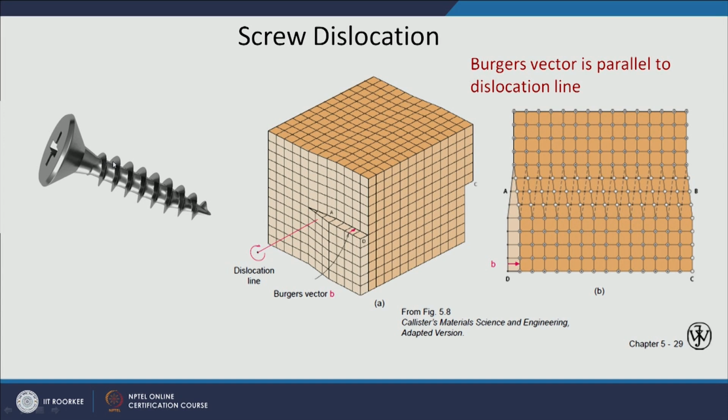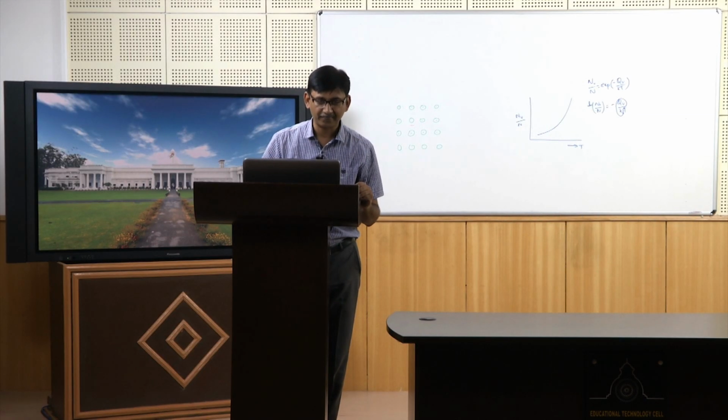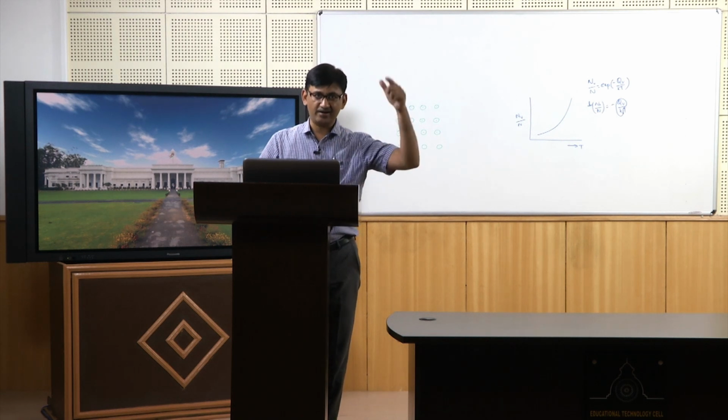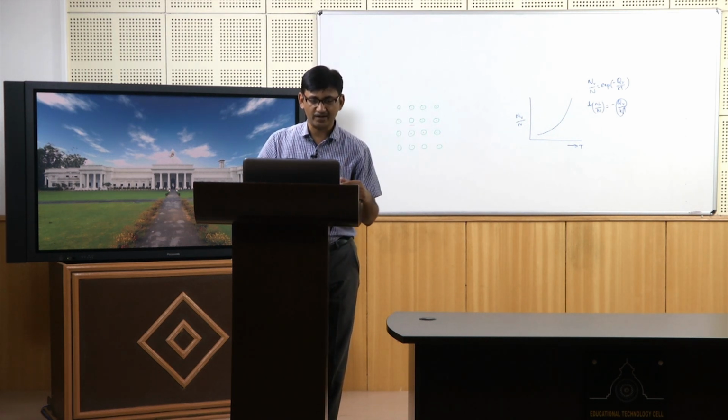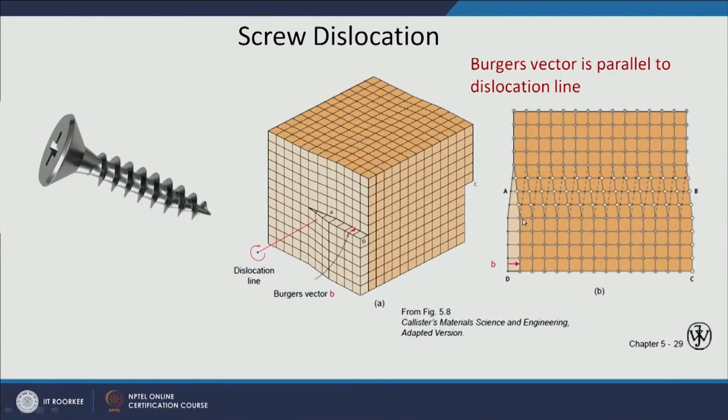As a mechanical engineer you will know that this is what we call the pitch of the screw. So, I have moved by a pitch of the screw, which in the case of a dislocation is the Burgers vector. So, while I am taking this one rotation, I have moved by one Burgers vector here. And that is what is shown here: the open circles are the atoms shown in the lower plane, and the closed circles are shown on the upper plane.